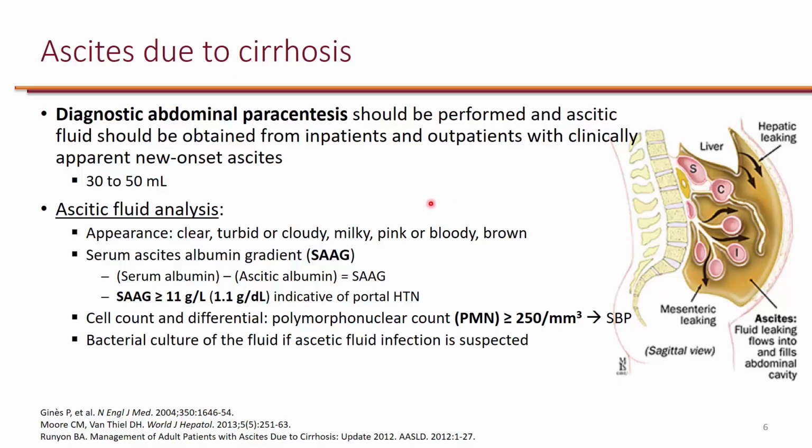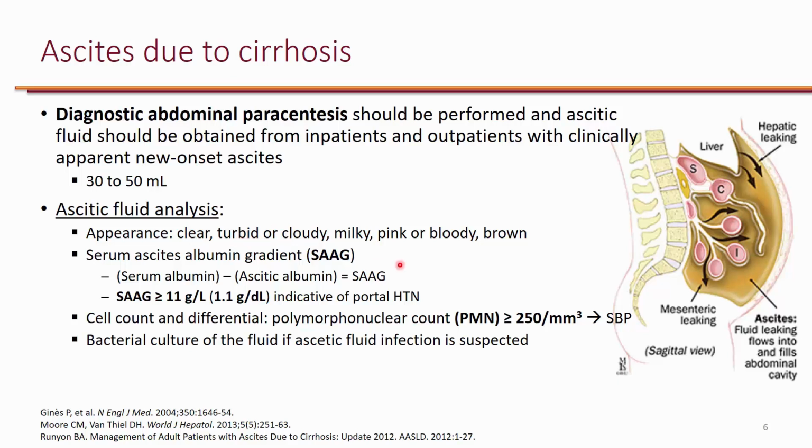You can send it to the lab, in several bottles. You can send it to check for appearance. If these fluids are not infectious, they're supposed to be clear, whereas if it's infected, it can be cloudy or turbid.